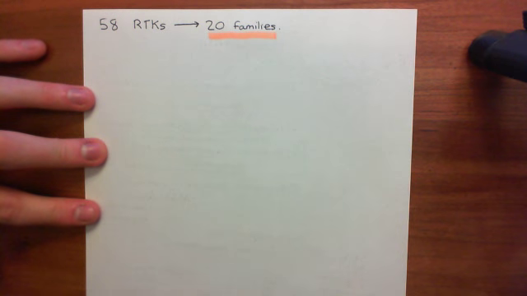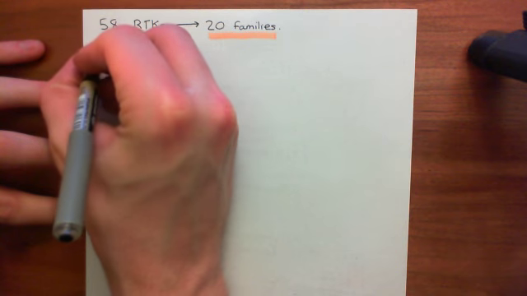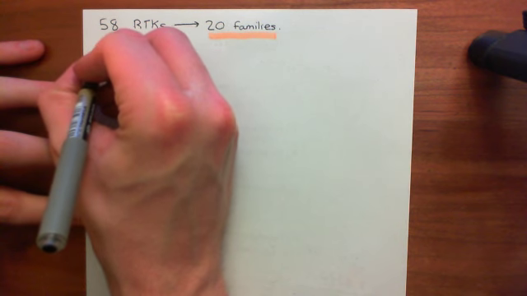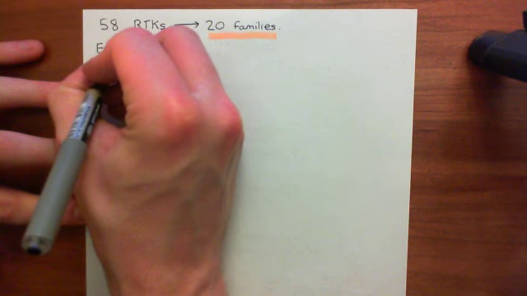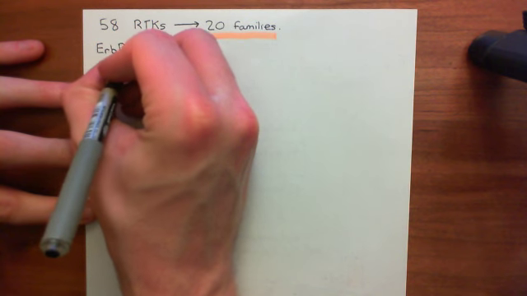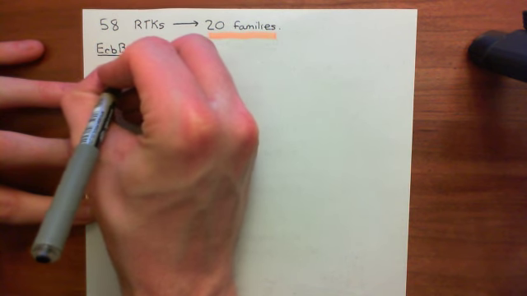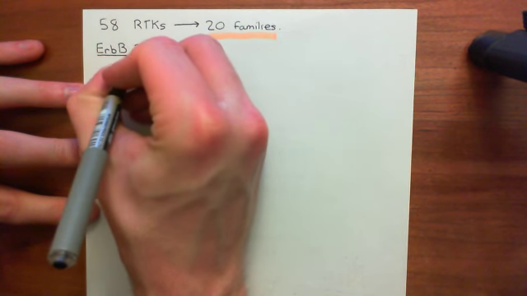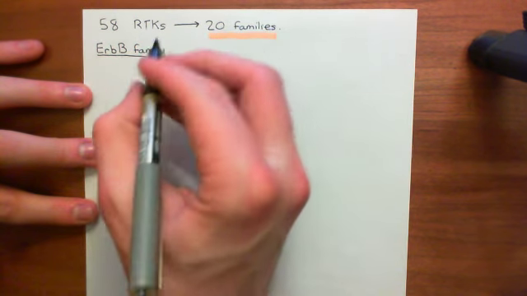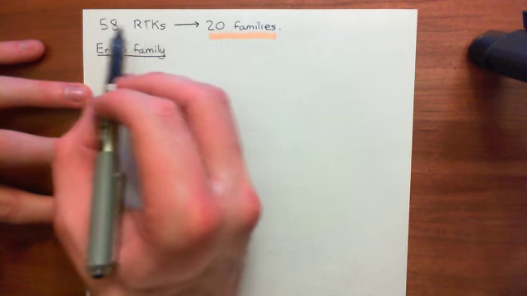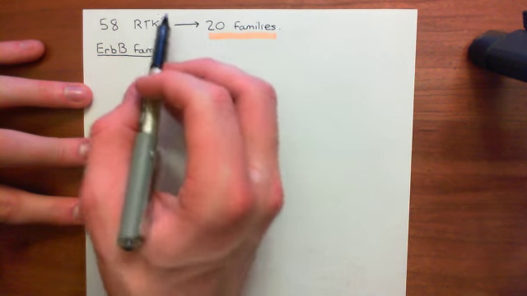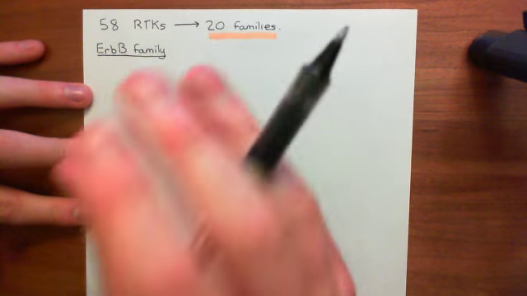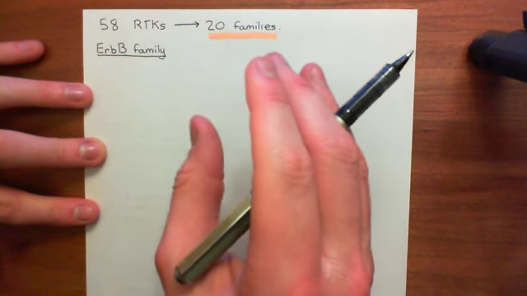I'm going to give you some of the highlights of the 20 families to give you some idea at least. So, the first family of receptor tyrosine kinases that we're going to start off with is the ErbB family. This is a subset of the receptor tyrosine kinases. We've got 58 receptor tyrosine kinases, which themselves are a subset of that great superfamily of enzyme-coupled receptors.